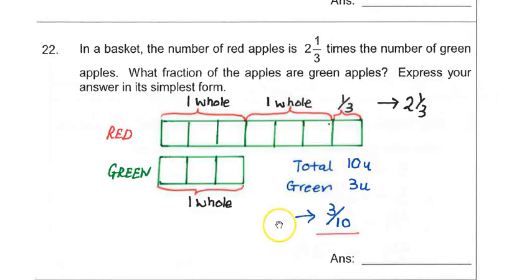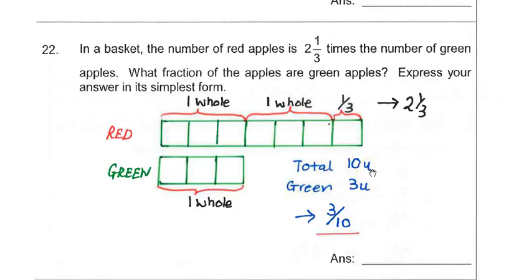Now this is important. 1/3 times means this. Because of 1/3, you have 1 whole, 2 whole, 2 whole 1/3 bigger than 1 whole. And remember, this 1 whole has got to be the same as the 1 whole on top. Now total you have 10 U's.